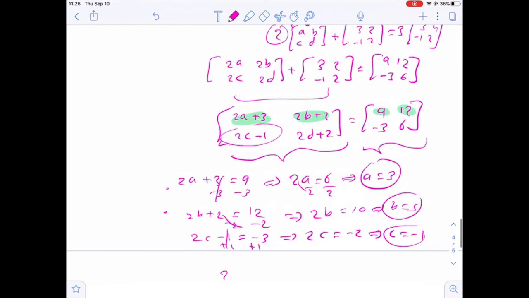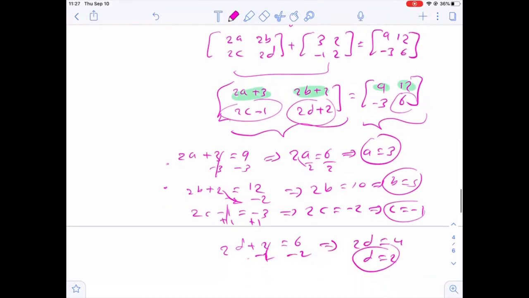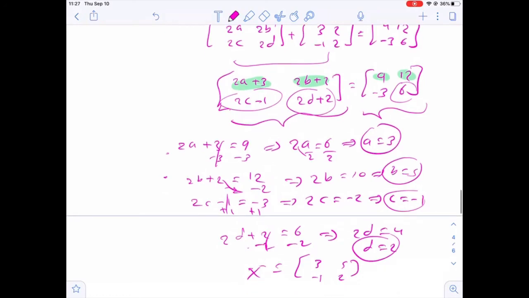And the last one, 2d plus 2 equals 6, and then we subtract 2 to isolate d, we get 4, that means d equals 2. So the matrix X, with a, b, c, and d, is 3, 5, negative 1, 2. Next time we'll continue with multiplication, so I'm going to make another video on multiplication.